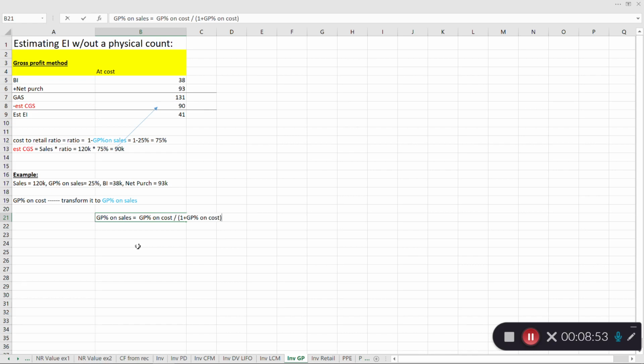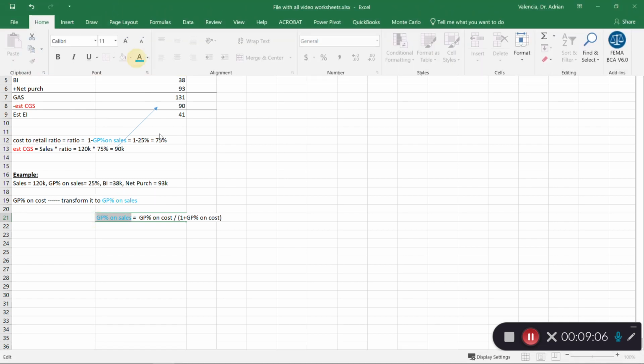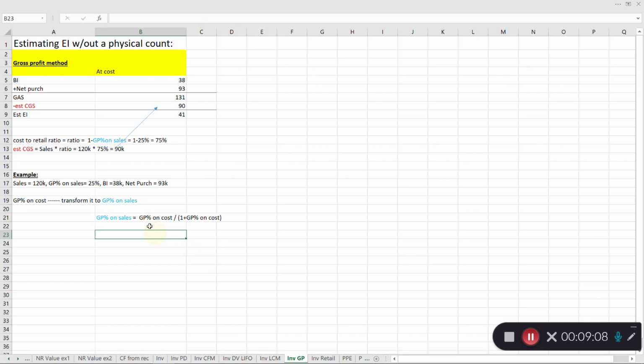So if you do this small transformation, and we can do the algebra if you wanted to, it's simply the formula here, where if you are given the gross profit percentage on cost, then you need to transform it.